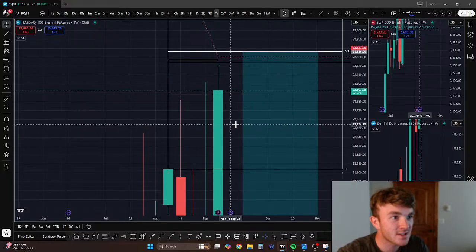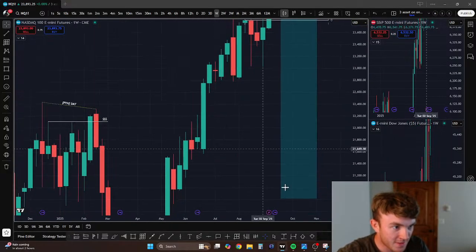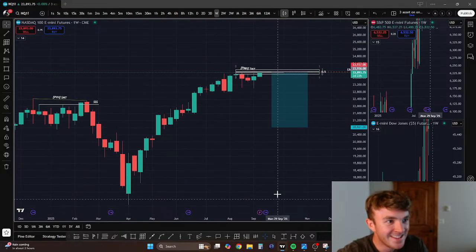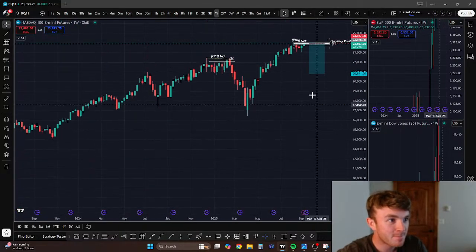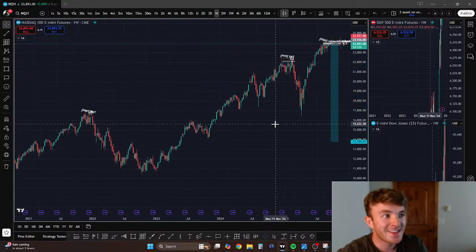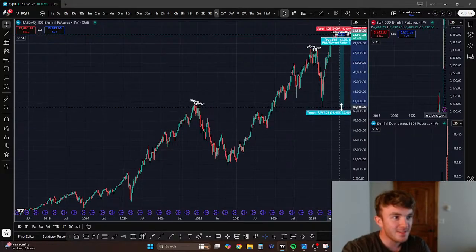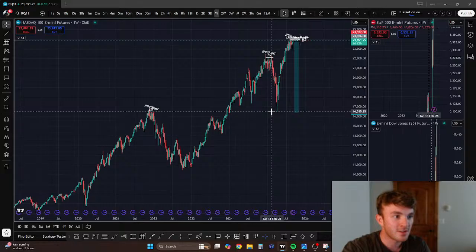Weekly consequent encroachment, and then we take this down to all-time lows. But hear me out, though. Hear me out. This is a nice data low, right?